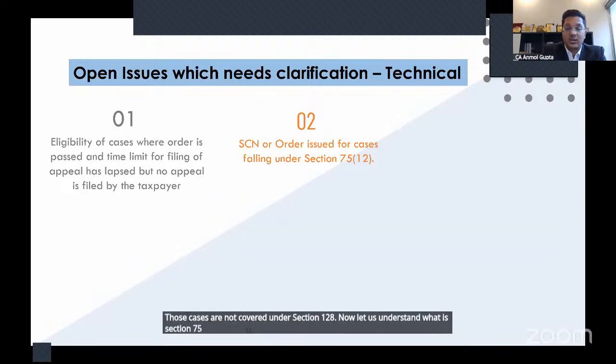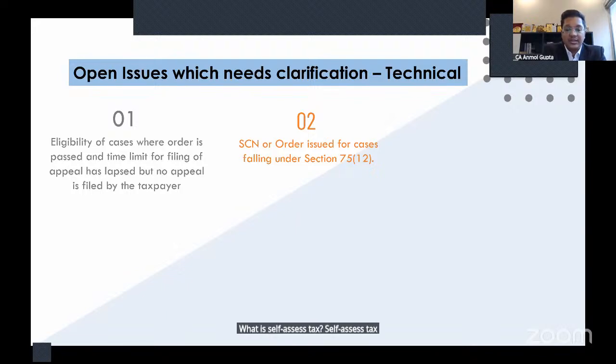Section 75(12) says that in case of self-assessed tax, there is no need to go for section 73 or section 74. You need to directly do the recovery proceedings under section 79. Self-assessed tax has been defined in the explanation to section 75(12) as the liability which you have reported in GSTR 1 but you have not paid in GSTR 3B.